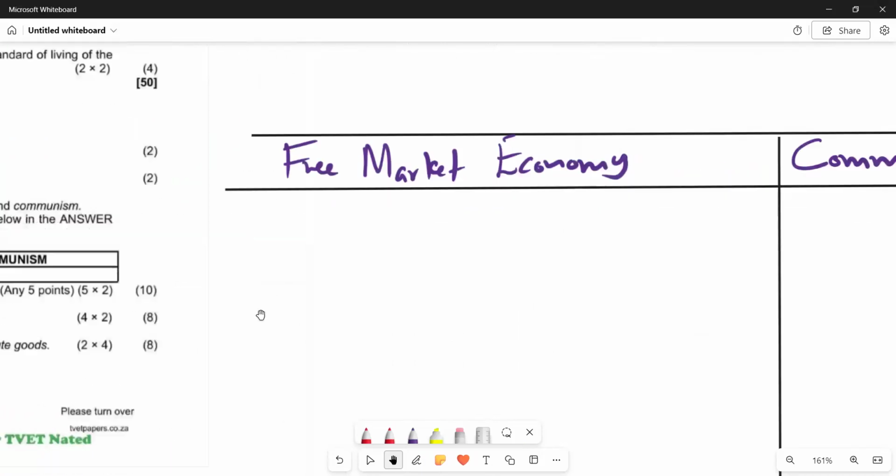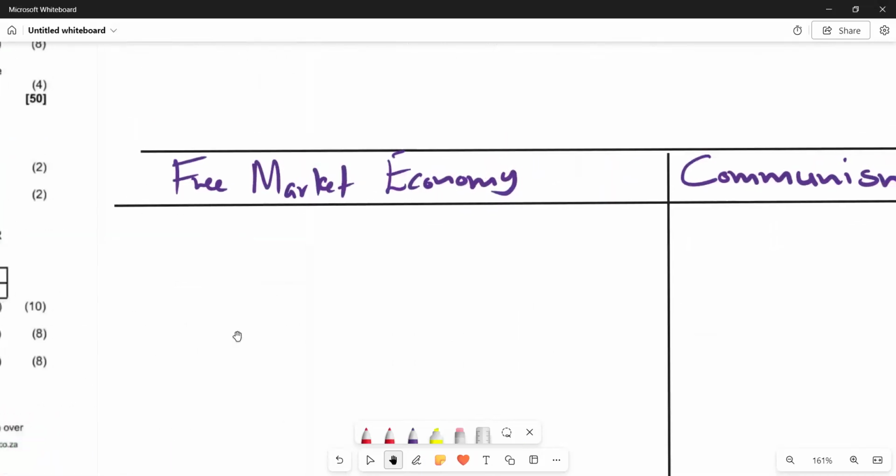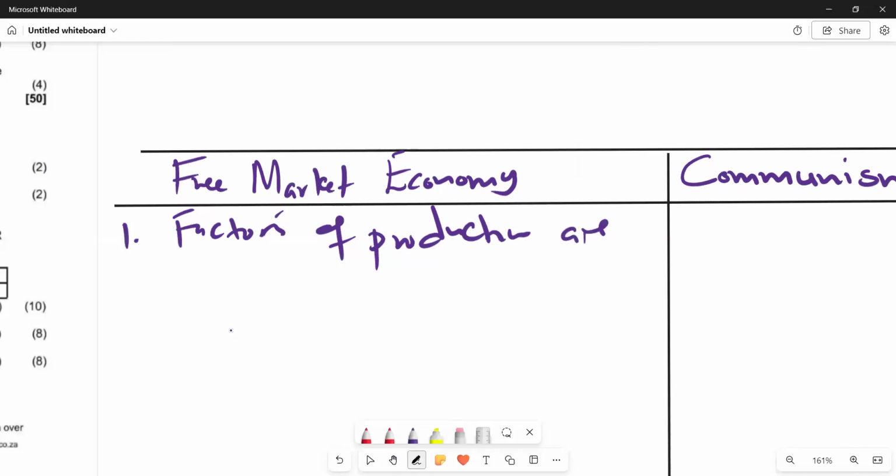On the first set of characteristics that we want to compare, we want to look at the ownership of the factors of production. So we are saying, one, under free market economy, factors of production are owned and controlled by private individuals.